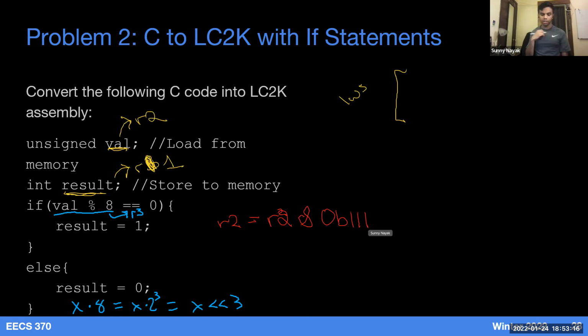What that does is isolate those last 3 bits. Then we might want to check if that is equal to 0, because if it is, that must mean that the value stored in register 2 is a multiple of 8.